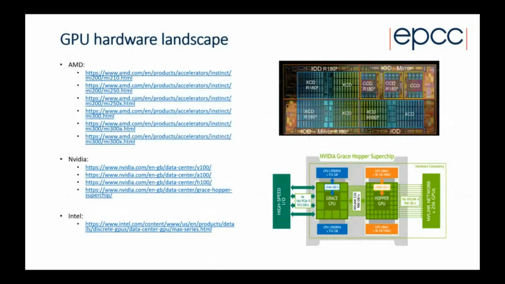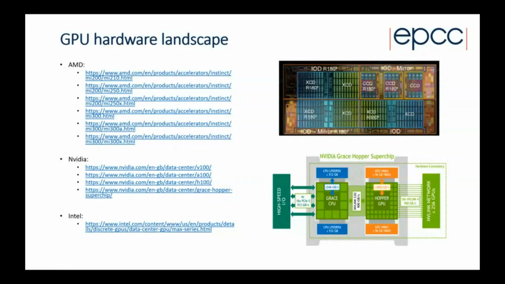Okay, I've tried to provide some links in these slides. I can post these later, covering different hardware and details on the different generations of hardware. I think this is still just about up to date. I don't have Blackwell on here, for example.